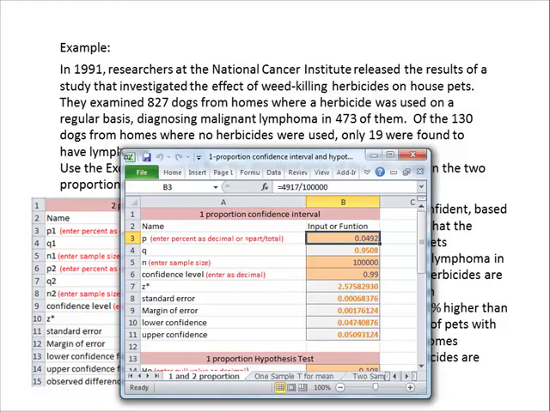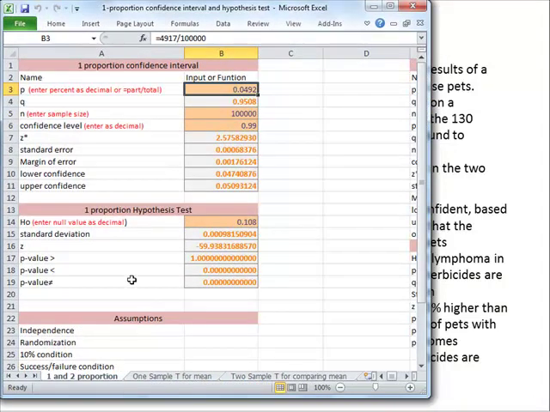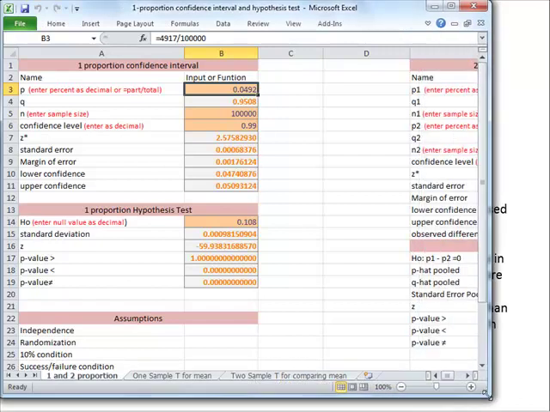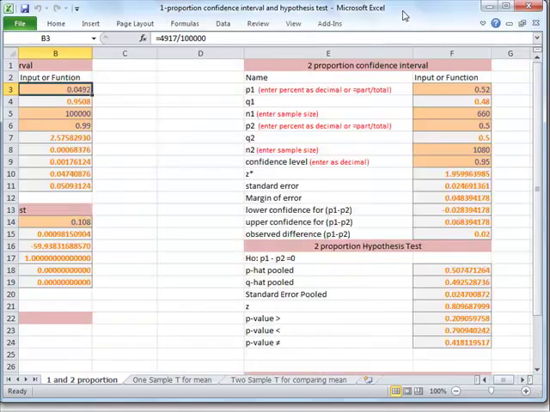Down at the bottom, I have it so that there are separate sheets, one for the 1 and 2 proportion, one for the 1 sample mean, and then another sheet for the 2 sample mean, which we're going to look at in a later unit. But the 1 and 2 sample proportion are on the same sheet. So this is the 1 proportion confidence interval, but we're interested in the 2 proportions. So you want to move over to this one.